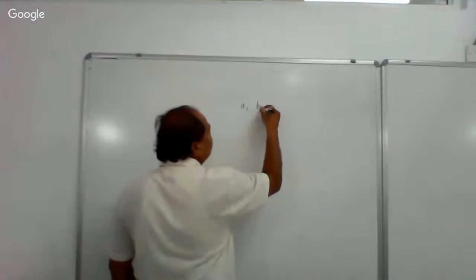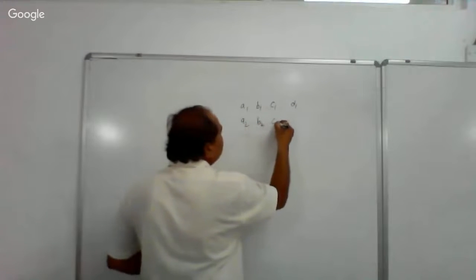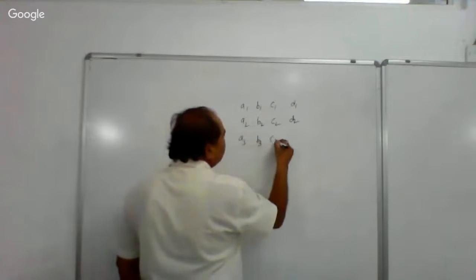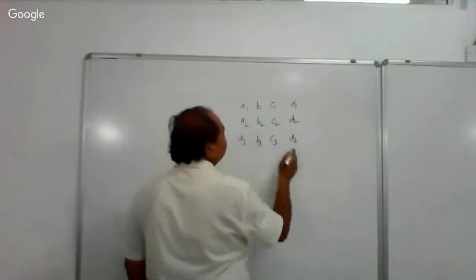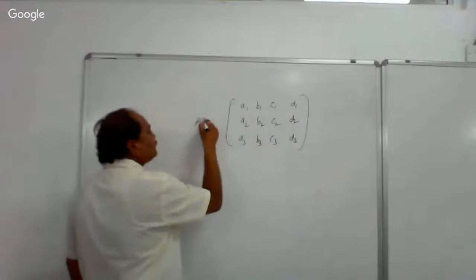Suppose we have the rows A1, B1, C1, D1; A2, B2, C2, D2; A3, B3, C3, D3. This is called the augmented matrix.